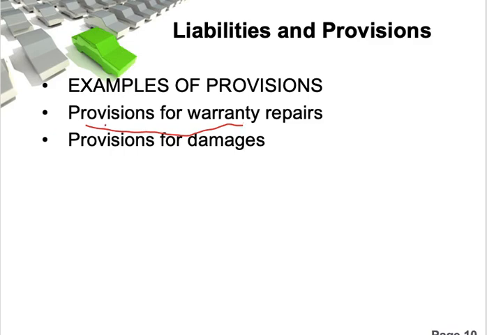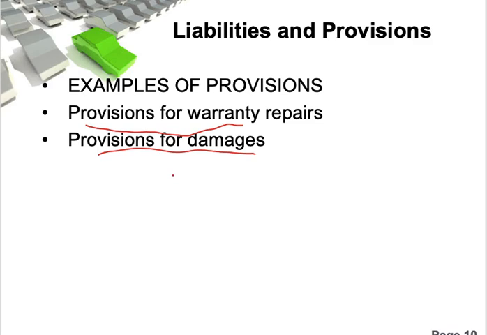Another example is provision for damages, where you may have to pay compensation. For example, your past event is when you employ the employee, and during work there's an accident and the employee sues the company for damages.